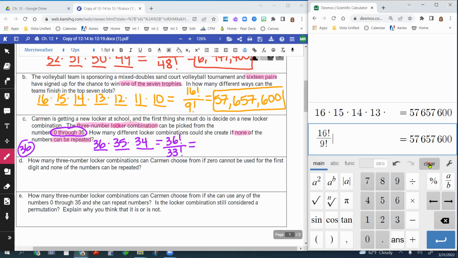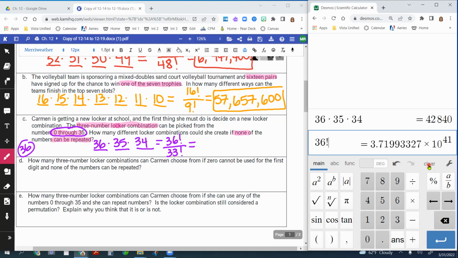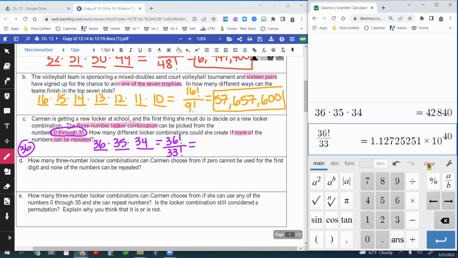So again, 36 times 35 times 34, 42,840, or 36 factorial divided by 33 factorial, which gives the same answer.